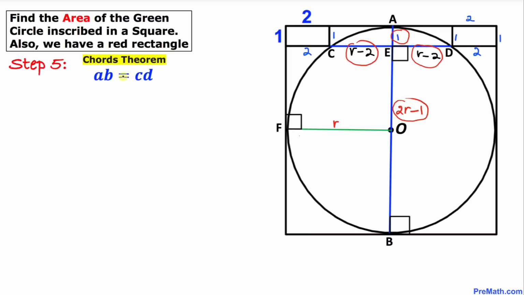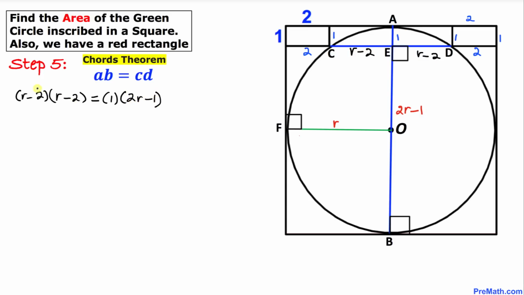And now let's go ahead and apply the chords theorem to our problem. So A in our case is R minus 2 times B, again R minus 2, equal to, in our case, C is 1 times D, in our case 2R minus 1.